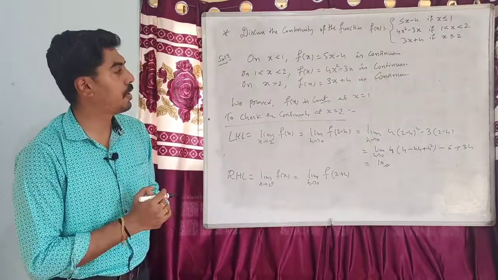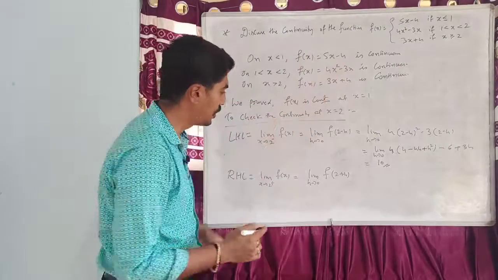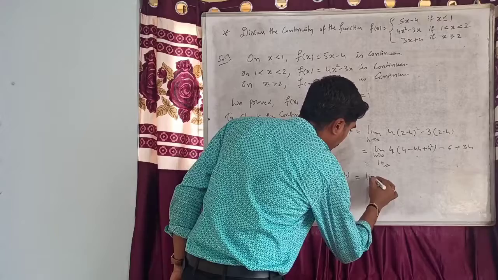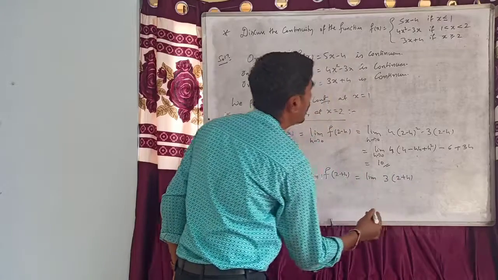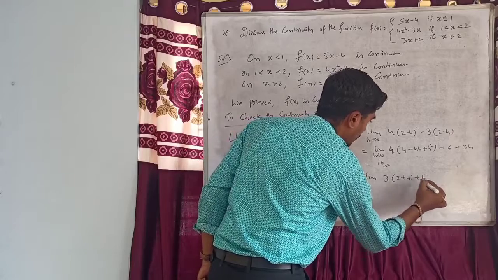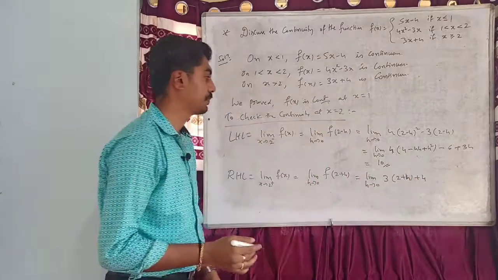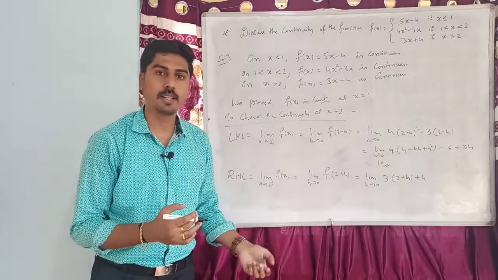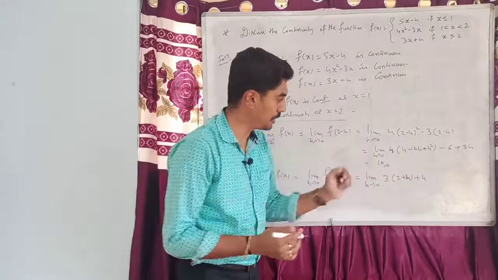By the definition of f of x, for x greater than 2, the function is defined as 3x plus 4. So this is equal to limit of 3 into 2 plus h plus 4 as h tends to 0. Now if I take limit as h tends to 0, I get here 3 into 2 6, 6 plus 4 is 10.